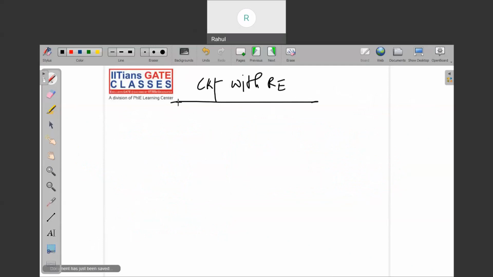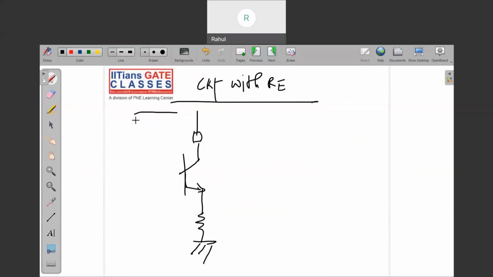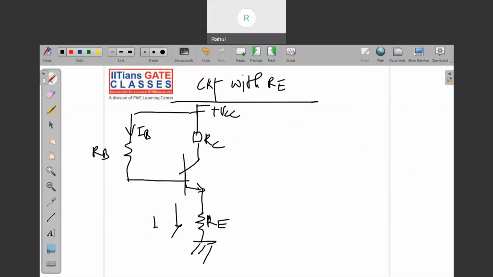So I'm drawing the circuit with RE, and see how I'm writing it directly without applying any KVL. RC, this is RE, that's VCC, and this is RB. This is IB, and here it is IE.